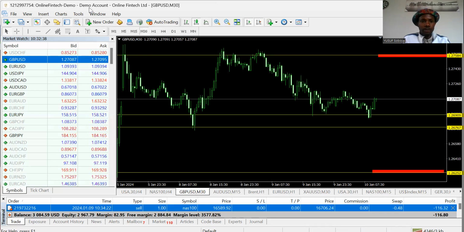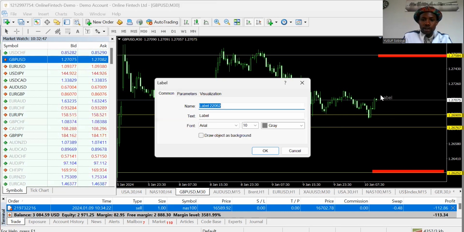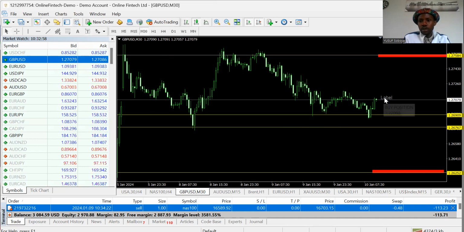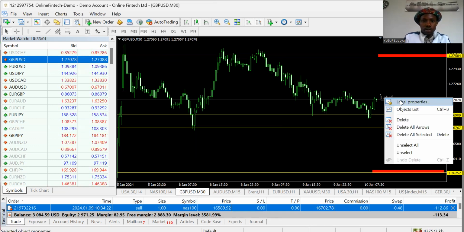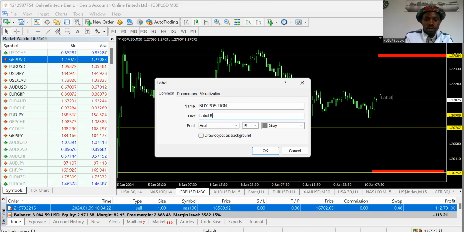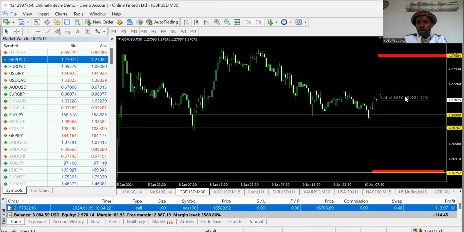So yeah, let's see if I can put a text level. So from here, buy position. Okay, so I'm saying the market from here is giving you a buy position, right?